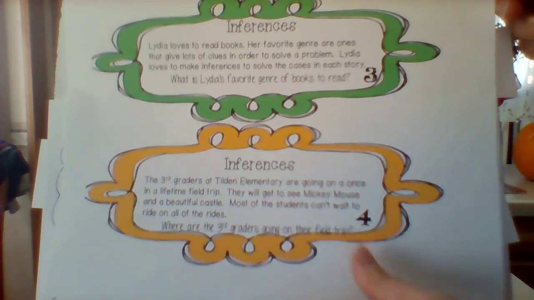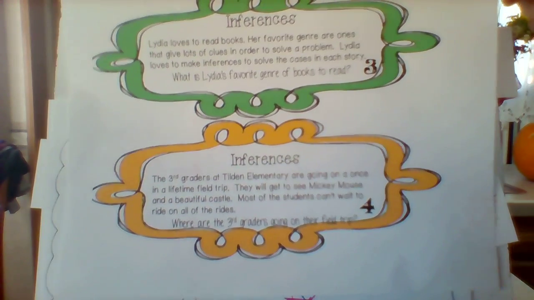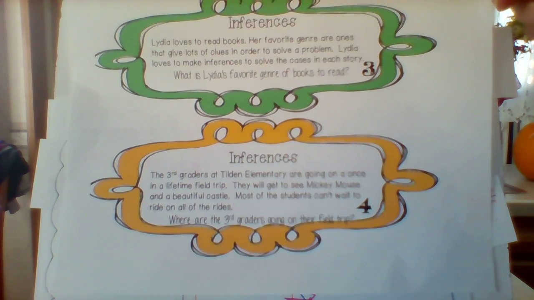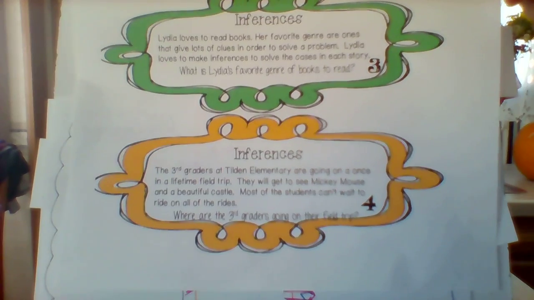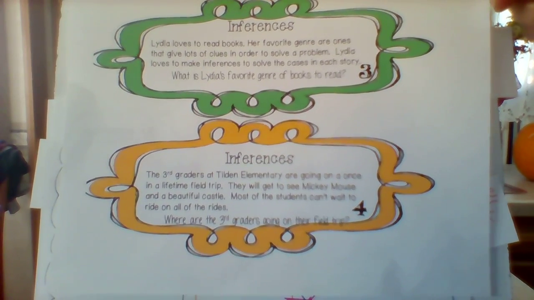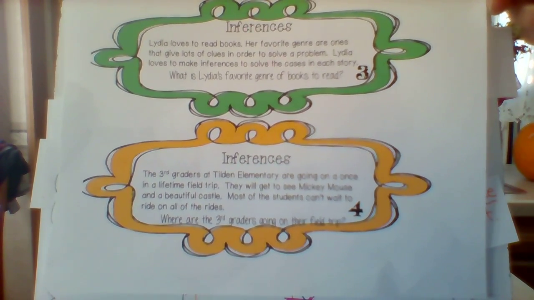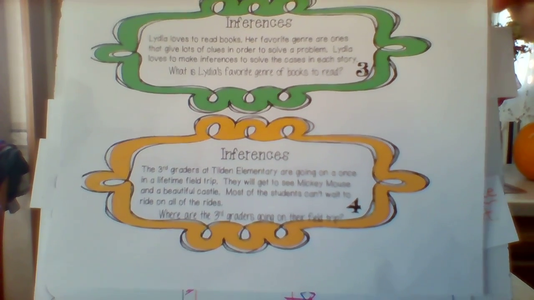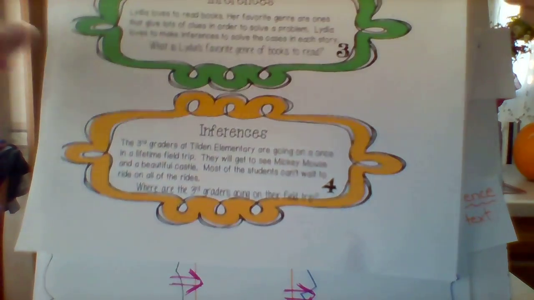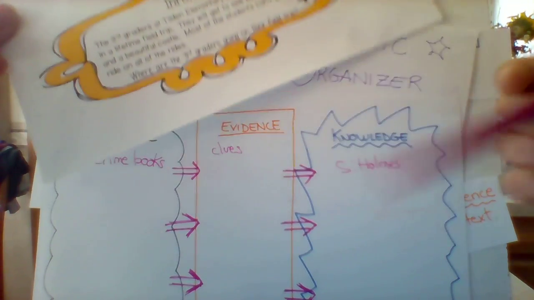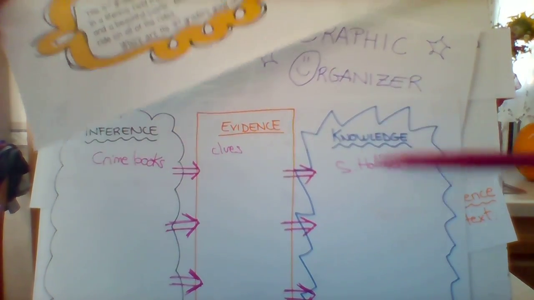The third graders at Tyden Elementary are going on a once-in-a-lifetime field trip. They will get to see Mickey Mouse in a beautiful castle. Most of the students can't wait to ride on all of the rides. Where are the third graders going on their field trip? So again, I am going to look for evidence and knowledge.